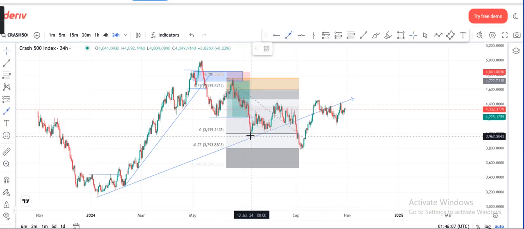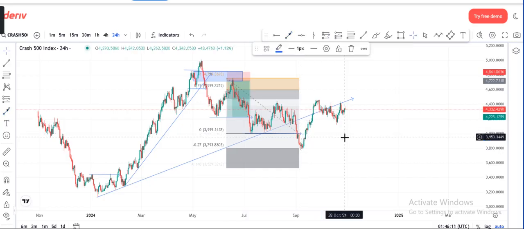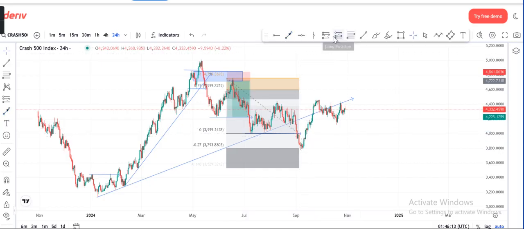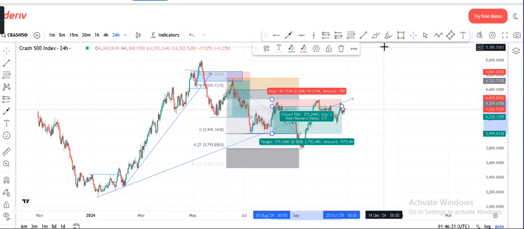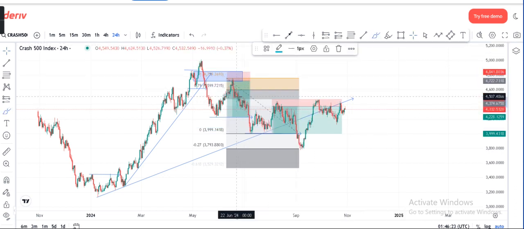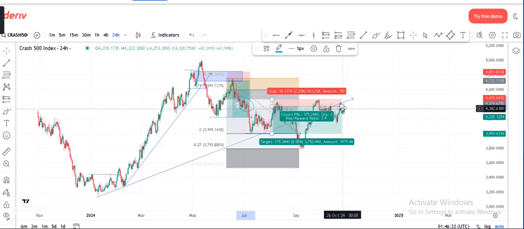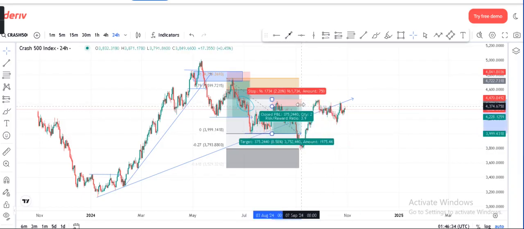So that being the case, the market also moved to take profit using the 50 level and this particular zone. So that's just it for this particular trade.